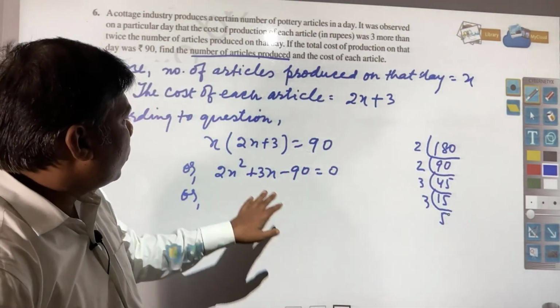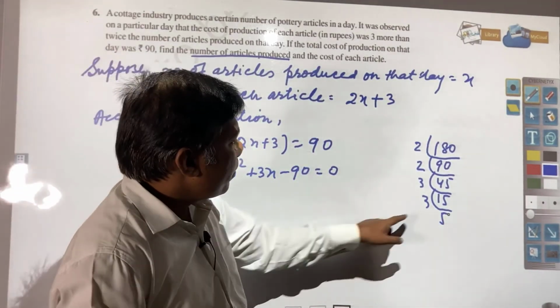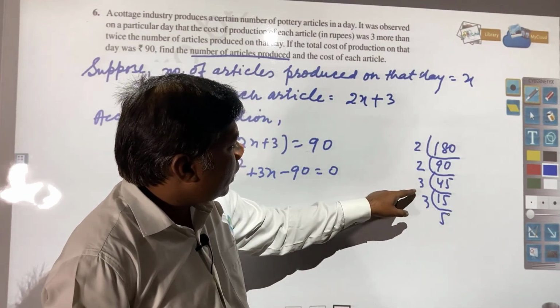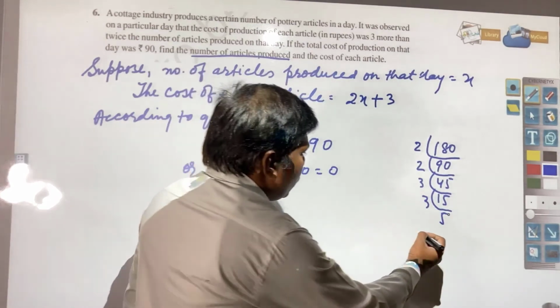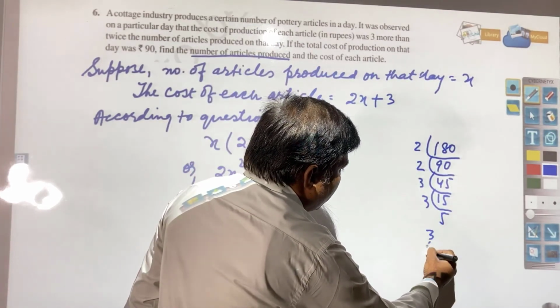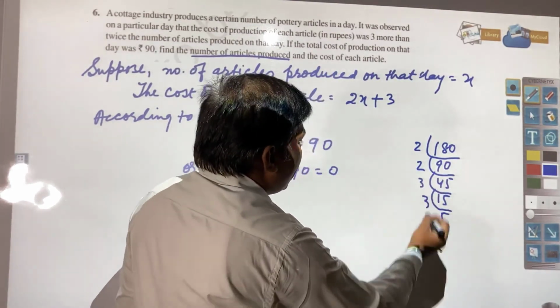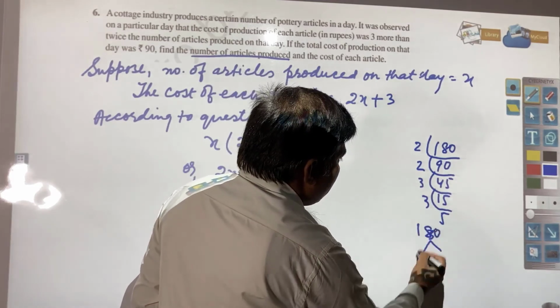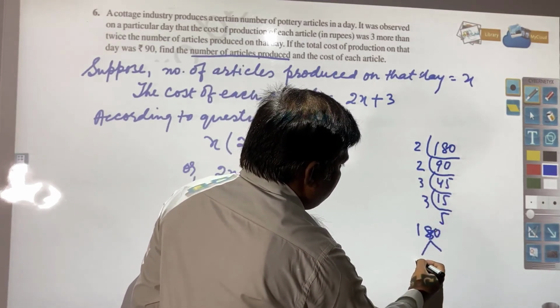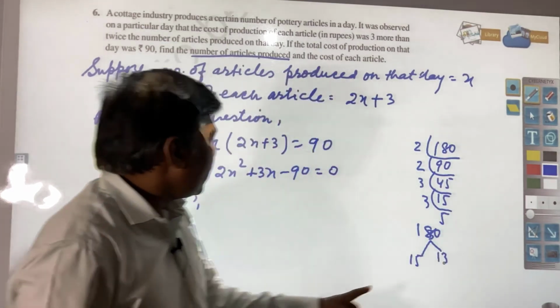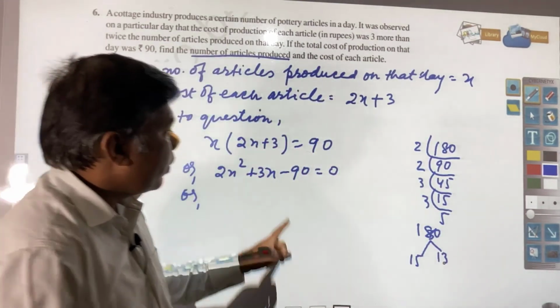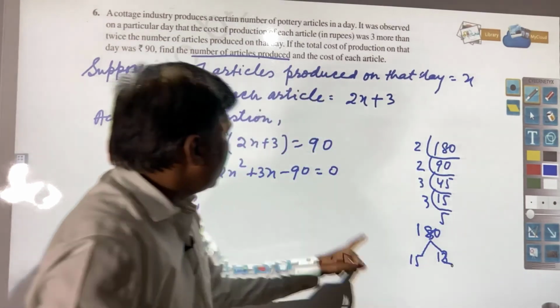Here you see how we will get 3. 5 3s are 15, and 3 2s are 6, 6 2s are 12. So 180 can be split as 15 and 12, and if you subtract, you will get 3.